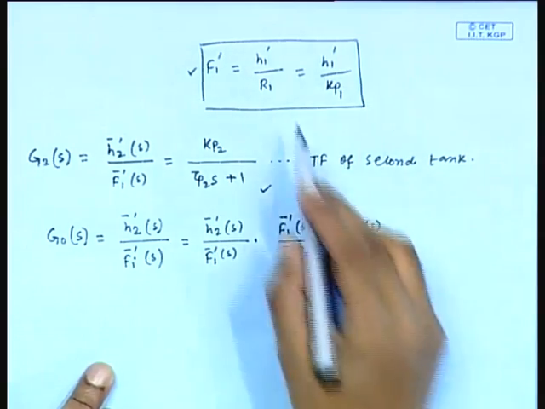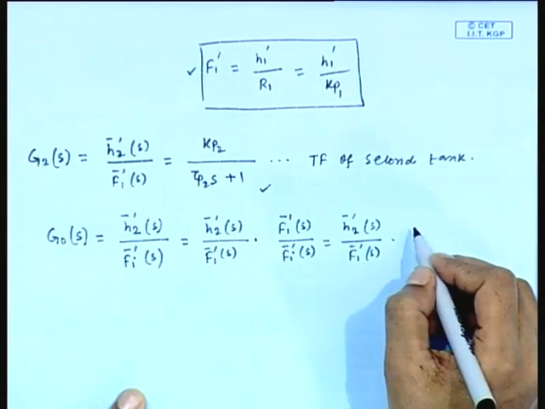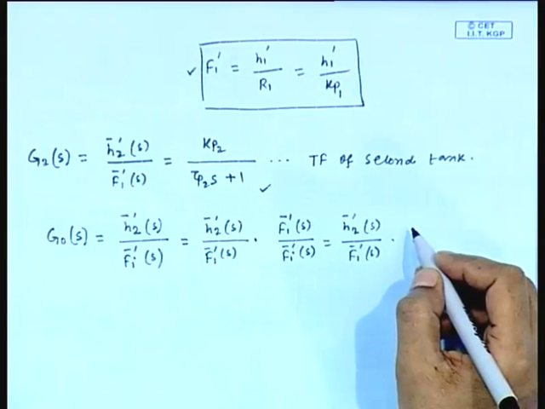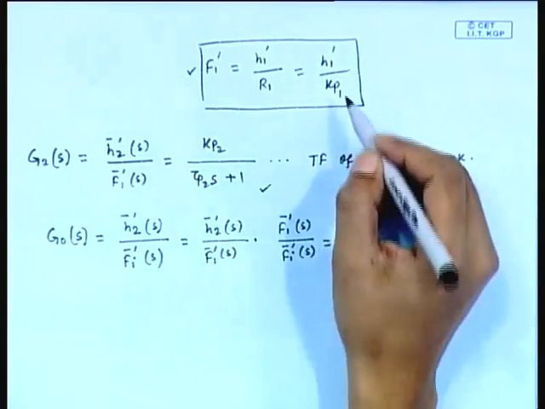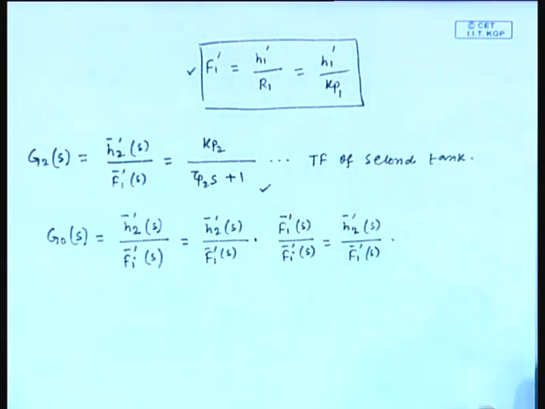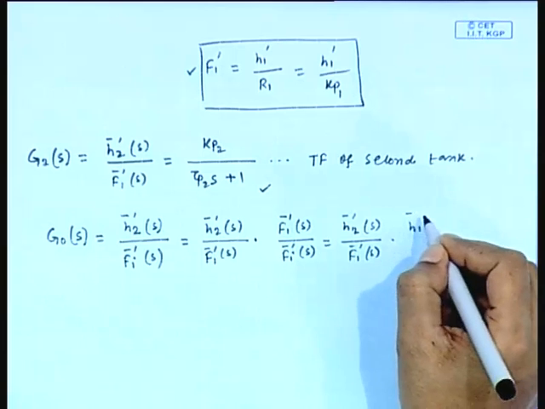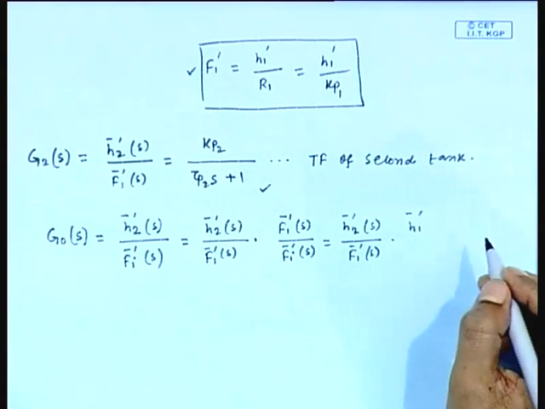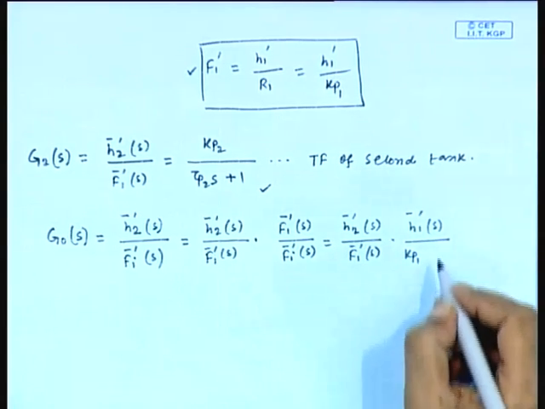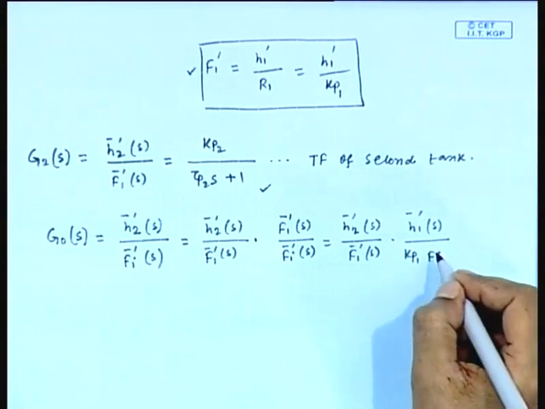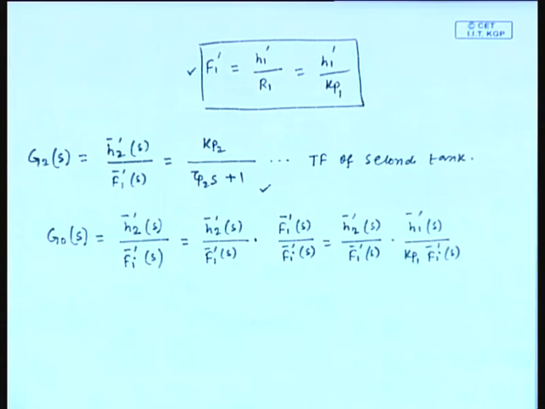Now, this relationship we will substitute here. I mean F1 prime, this is not bar, sorry, prime, F1 prime equals H1 prime divided by Kp1. So, if we substitute here H1 bar prime S divided by Kp1 over Fi bar prime S. Can we write this?